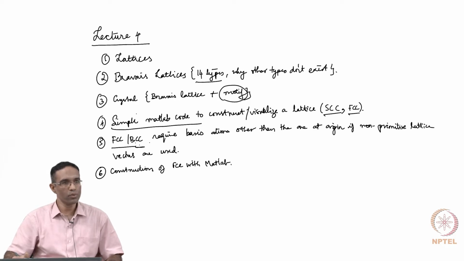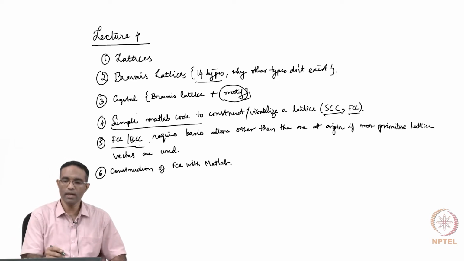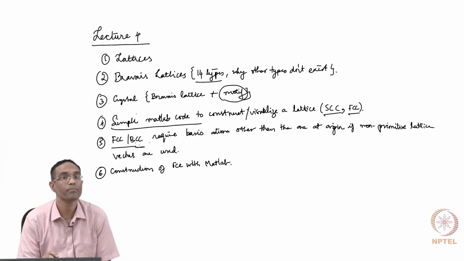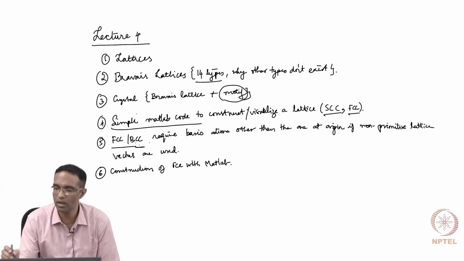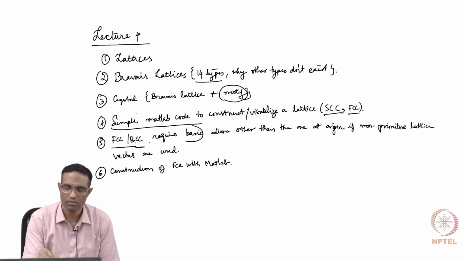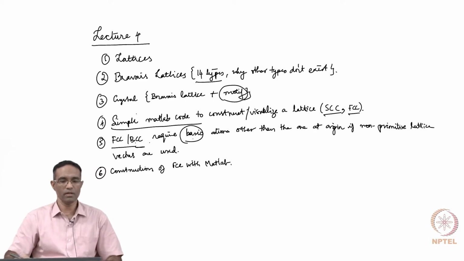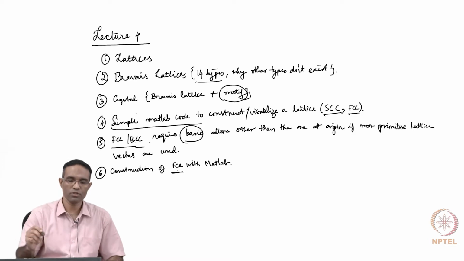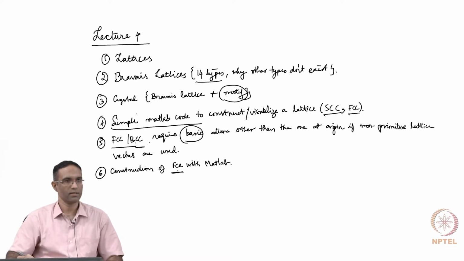However, if you are going to use non-primitive lattice vectors to construct these structures, you need what are referred to as bases, right? We defined additional bases to construct these, and we talked about simple MATLAB code with which we could construct an FCC lattice. This is essentially the material that we covered in the last class.